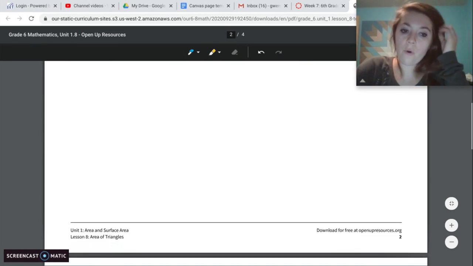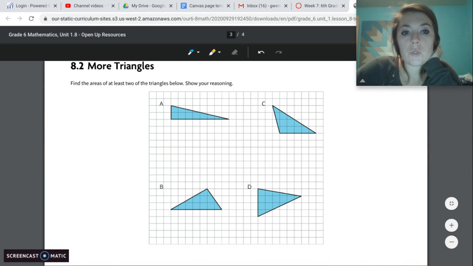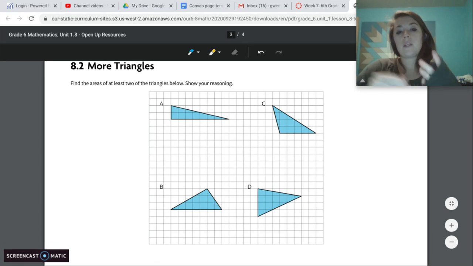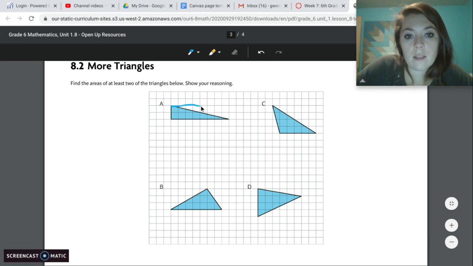All right, for the next thing, more triangles. Find the areas of at least 2 triangles shown below. Show your reasoning. So being as we know we can take 2 triangles together, or take the one triangle and form a parallelogram with it, we can find our area and then divide it by 2, since it takes 2 to get that. So here we can add this line all the way out, bring it down.